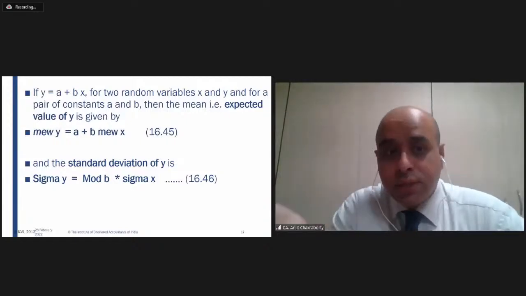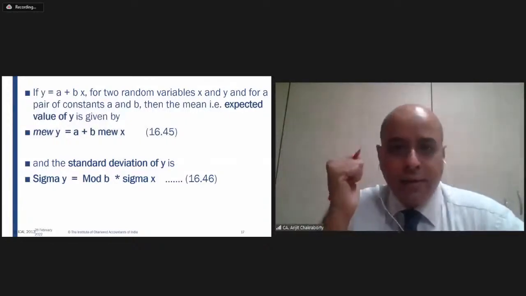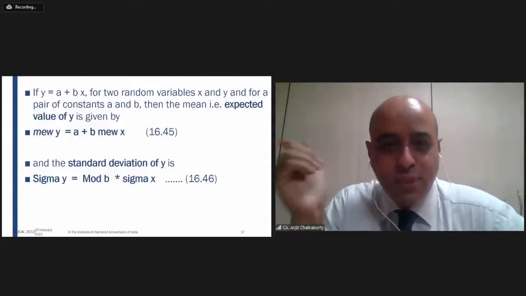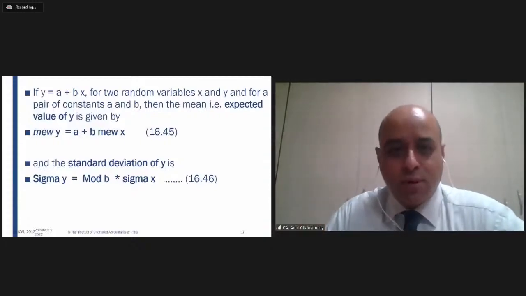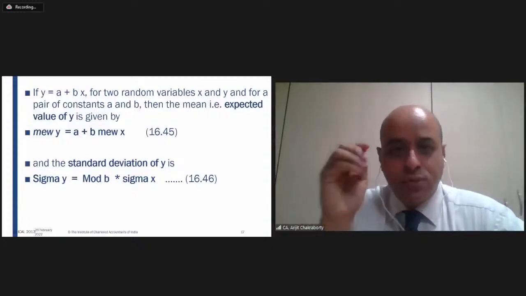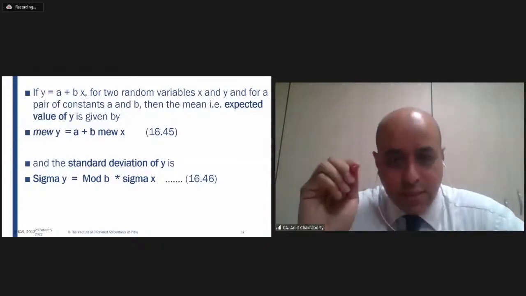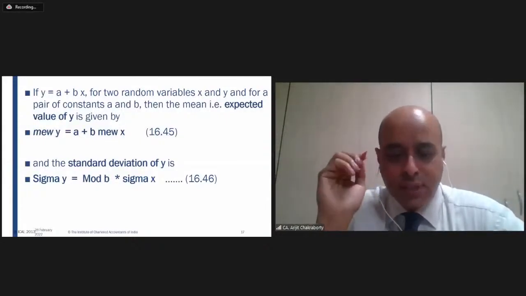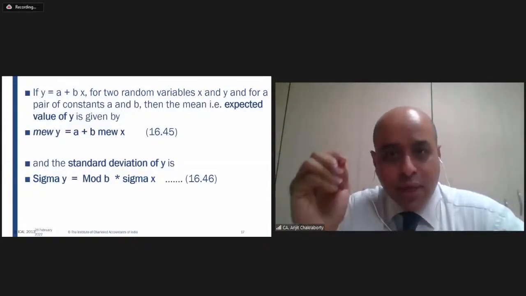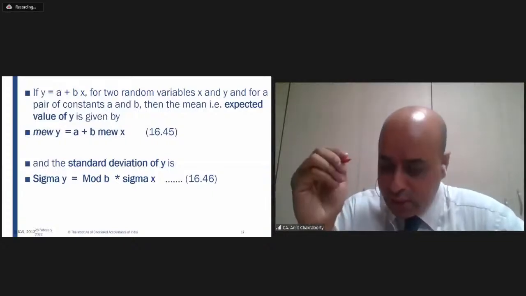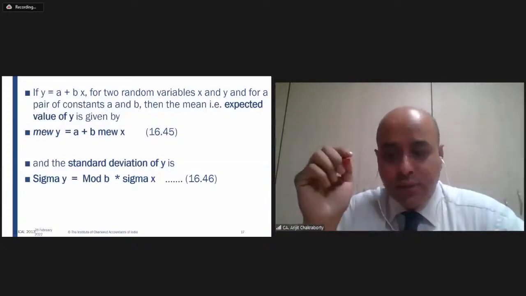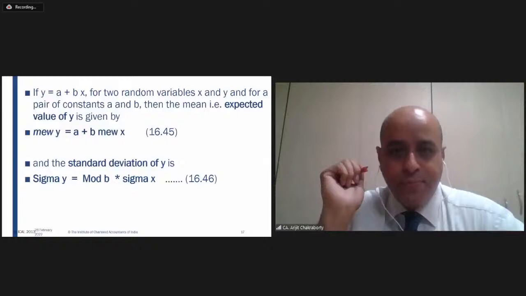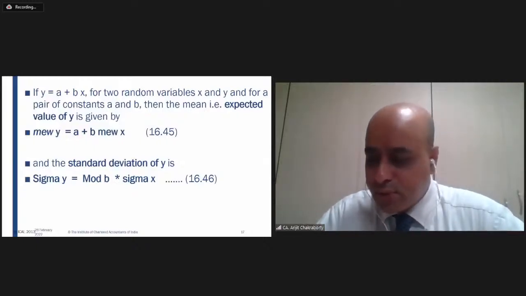Then what is the expected value of y? Just work it fast and let's see who is the first to write the answer in the chat box. You have to find the expected value of y.